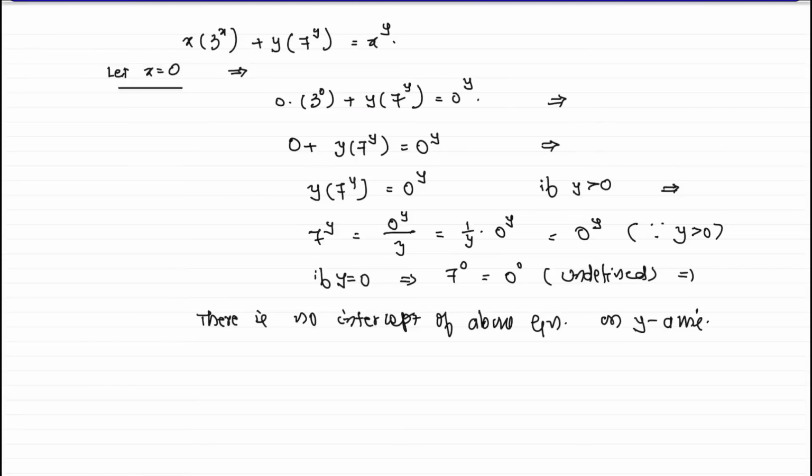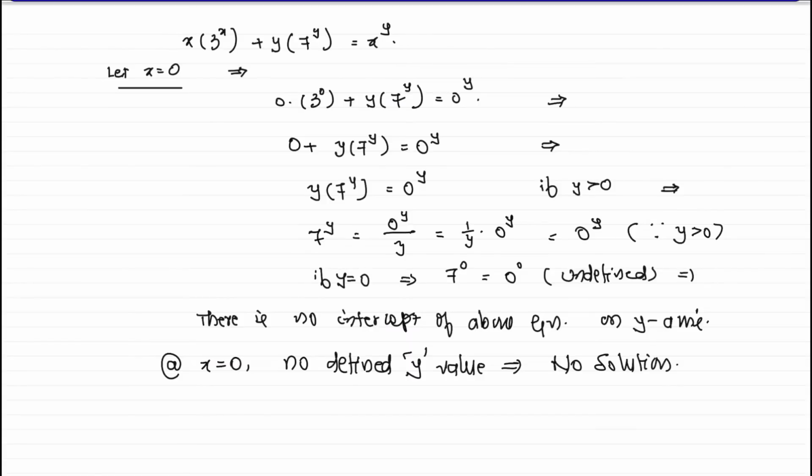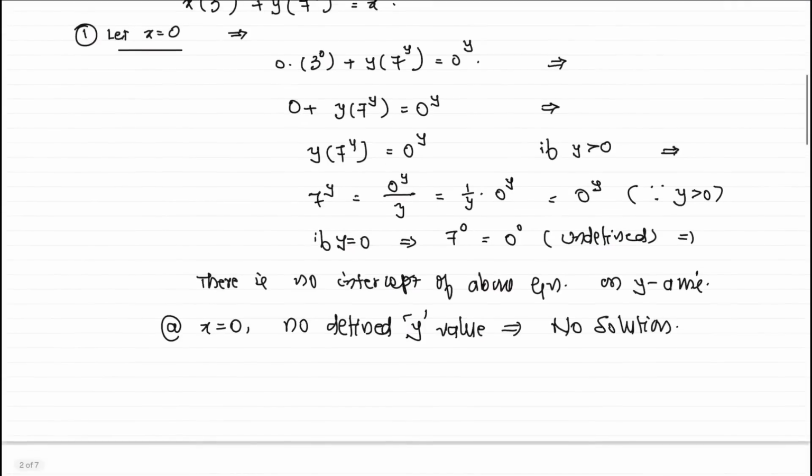At x is equal to 0, no defined y value, it implies no solution. At x is equal to 0, there is no solution. We are here trying to find out the intercepts. Now, let's go for next.